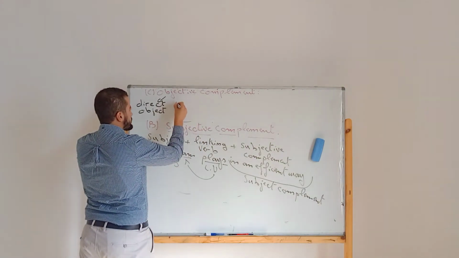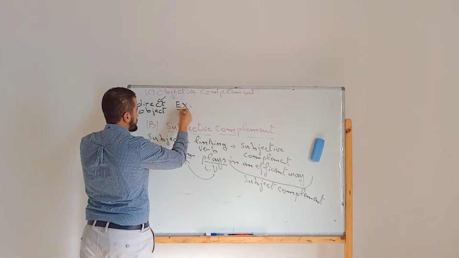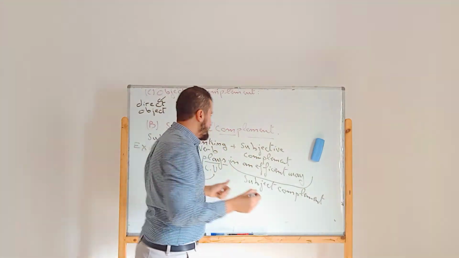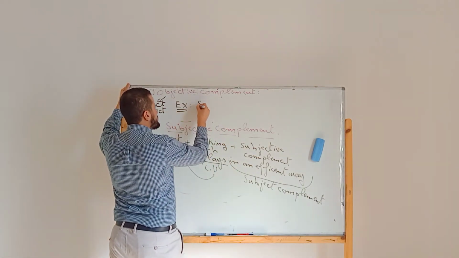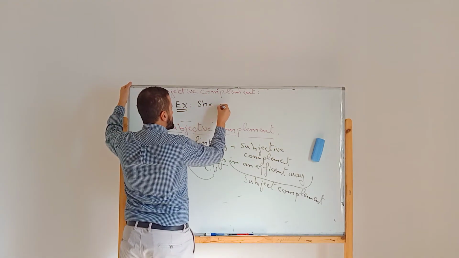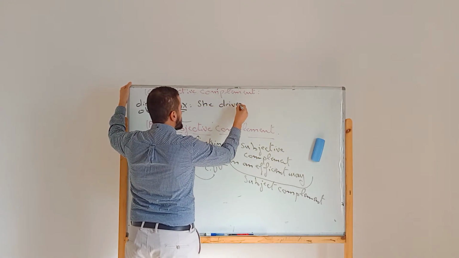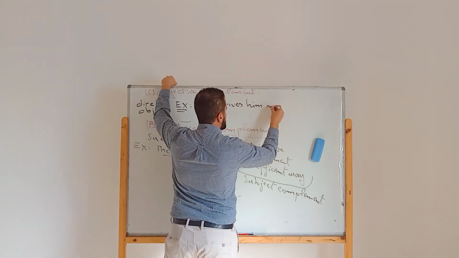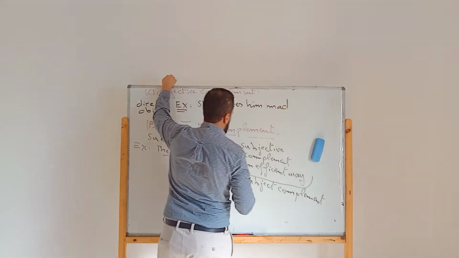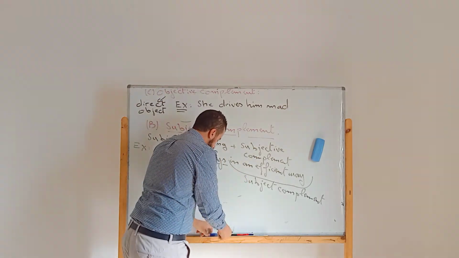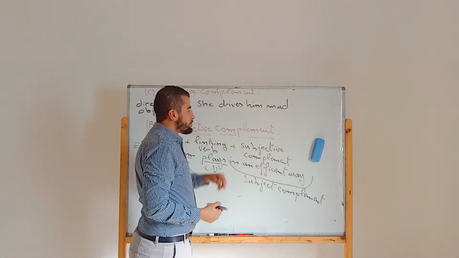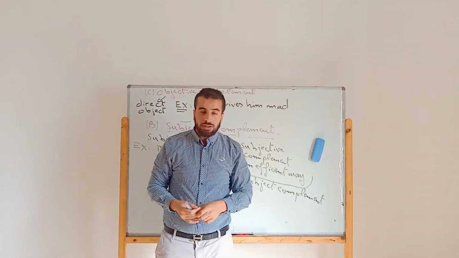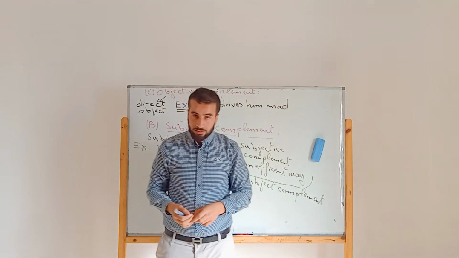For example, she drives him mad. In the direct object, we ask the question what or who.